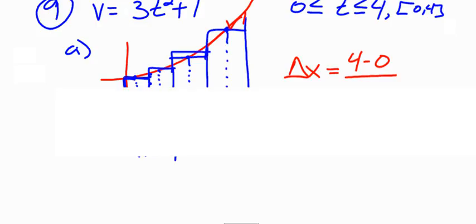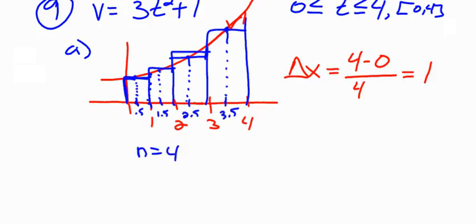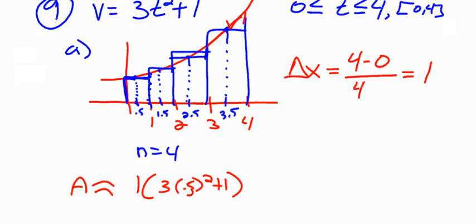And I see that my delta x is 1. So then I'm going to use these midpoints for all the heights. So then my area should be approximately 1 times, and I'm going to plug 0.5 into the function. And that would be the first rectangle.